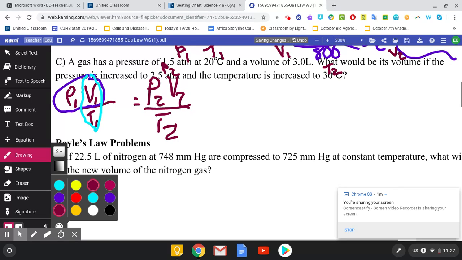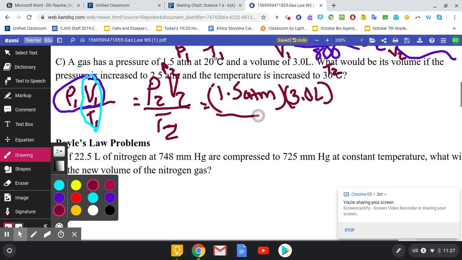I might erase on this one to give us a little bit more room, but pressure 1 is 1.5 atm. V1 is going to be 3.0 liters.